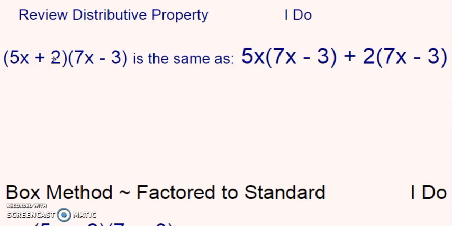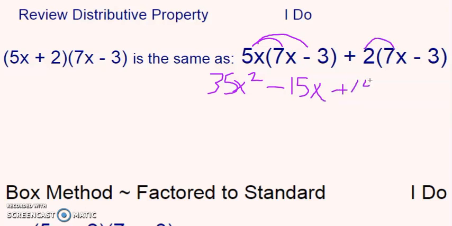Remember, 5x plus 2 times 7x minus 3 is the same as 5x times 7x minus 3 plus 2 times 7x minus 3. And from there we would just distribute these and combine like terms. 5x times 7x is 35x squared. 5x times negative 3 is negative 15x. 2 times 7x is plus 14x.